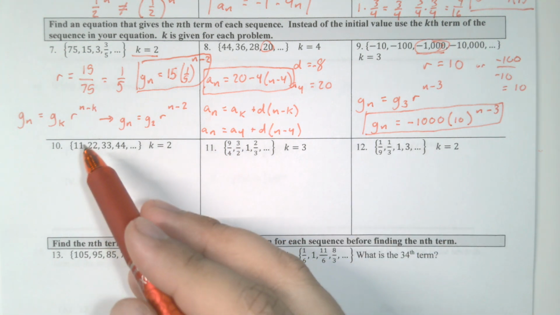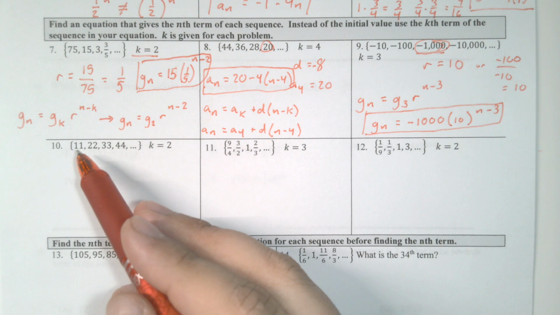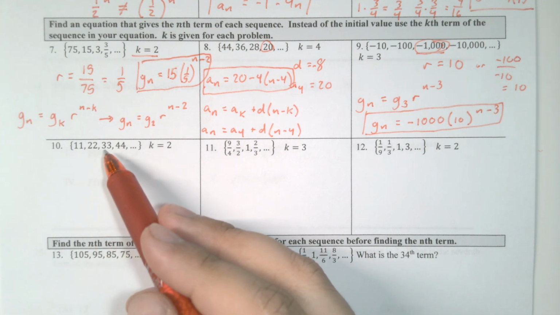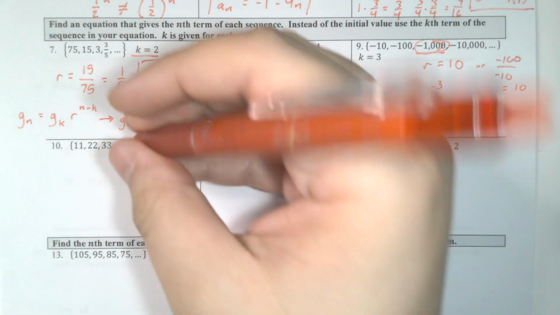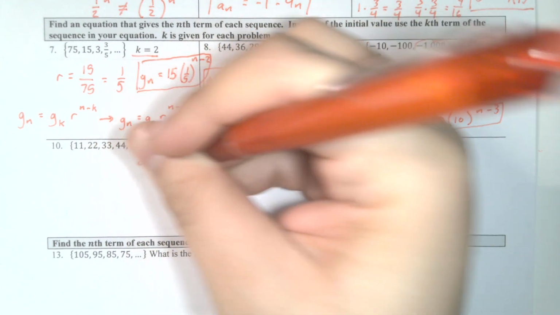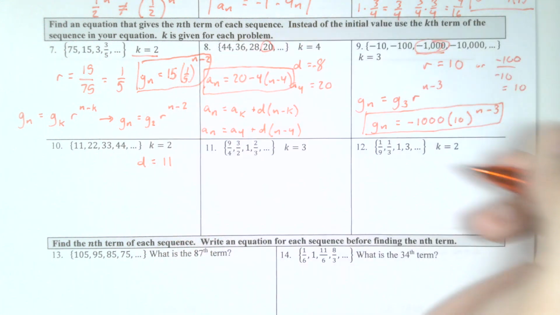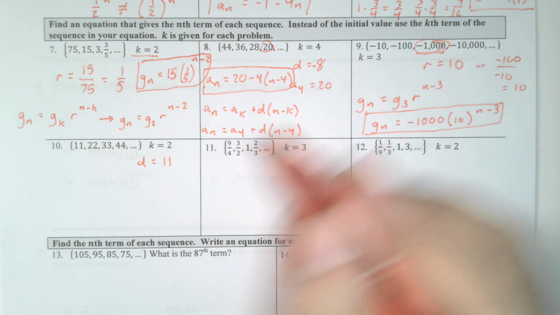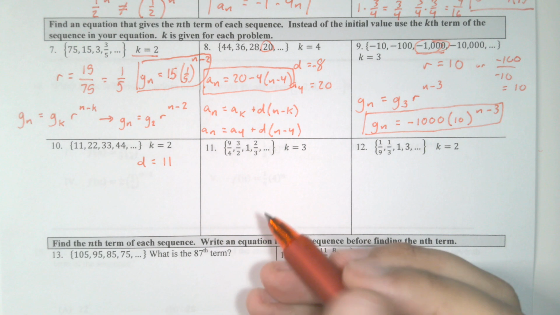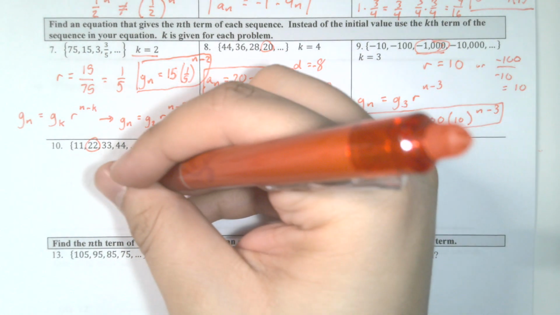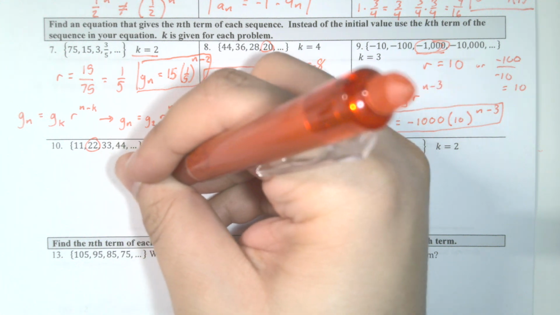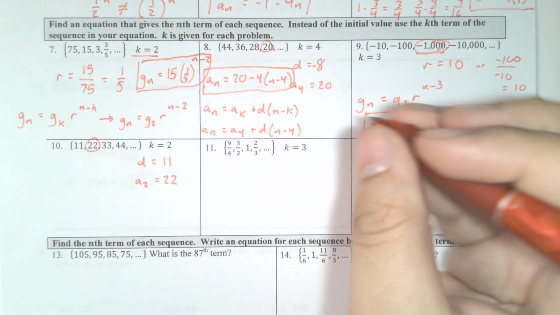Do we have arithmetic? I don't know. Let's see. Well, 11 plus 11 is 22. Plus 11 is 33. Plus 11 is 44. Sweet. We're adding 11 every time, so our common difference is positive 11. And what about the second term? Well, the second term is going to be 22, so a sub 2 is 22.